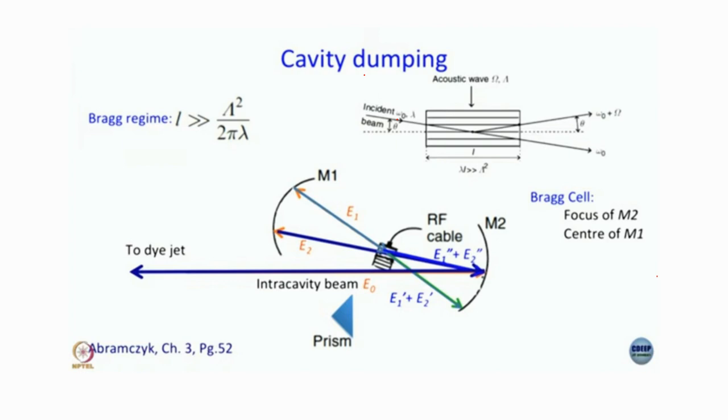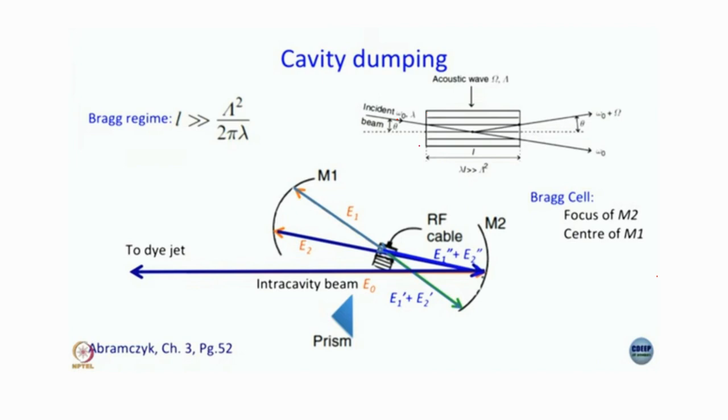Cavity dumping is something where, see, here is the Bragg cell.